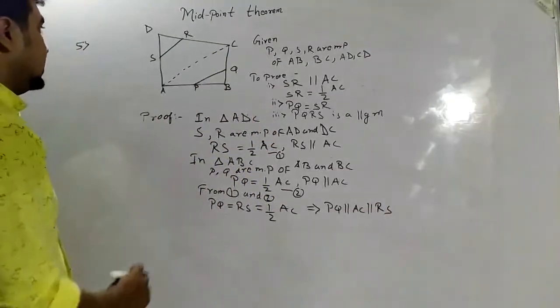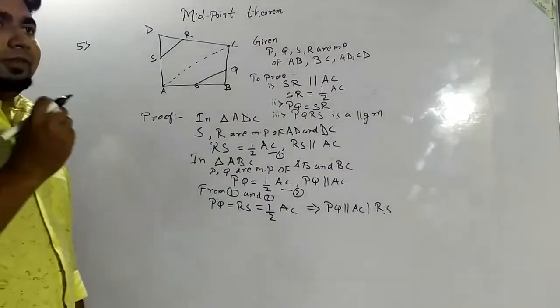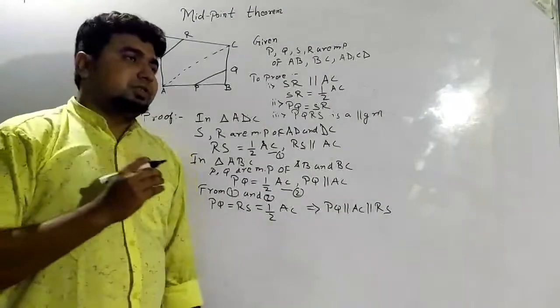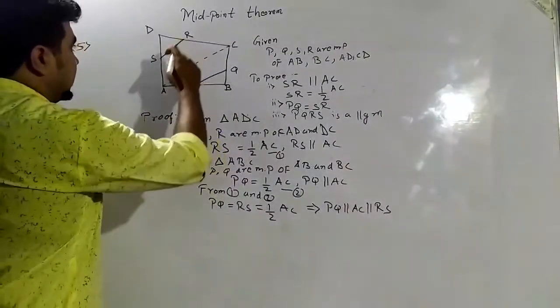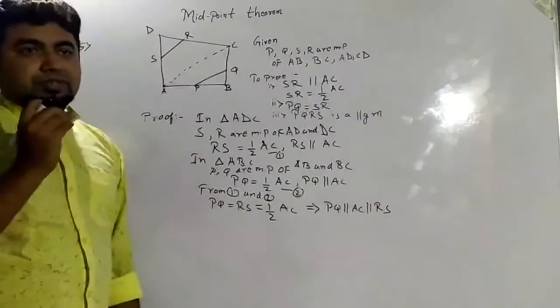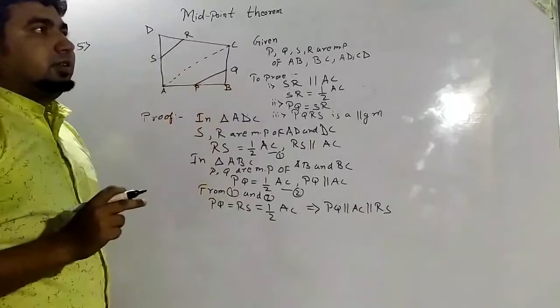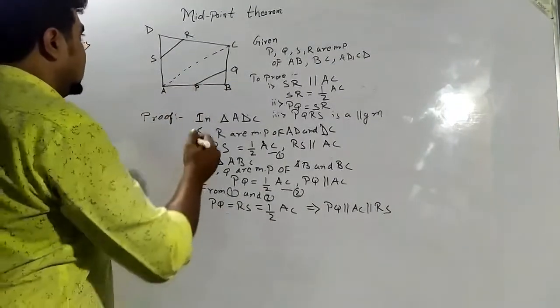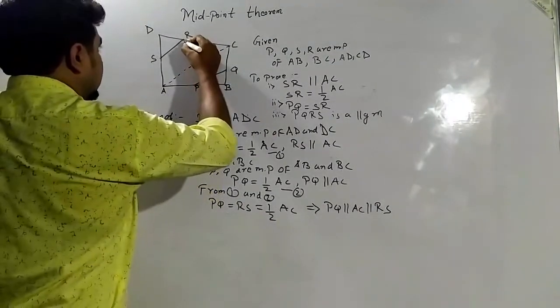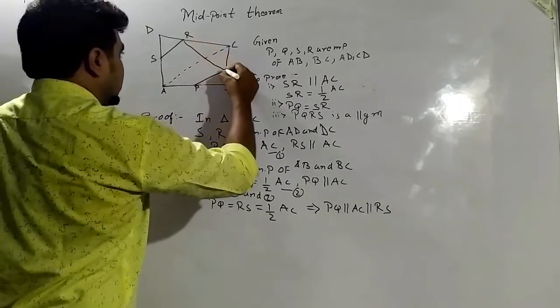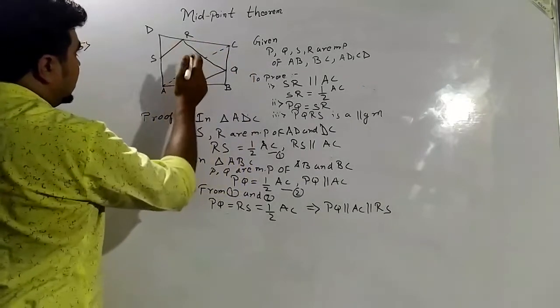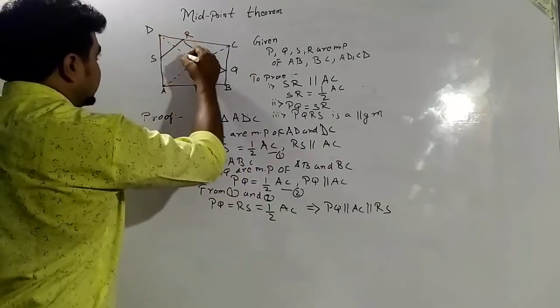Now the next part is that we have to prove that it is a parallelogram. Parallelogram means all the opposite sides will be parallel. So these sides we have proven. These are parallel and these are equal also. Now I will be joining these two sides, this is RQ, and I will be joining this diagonal.